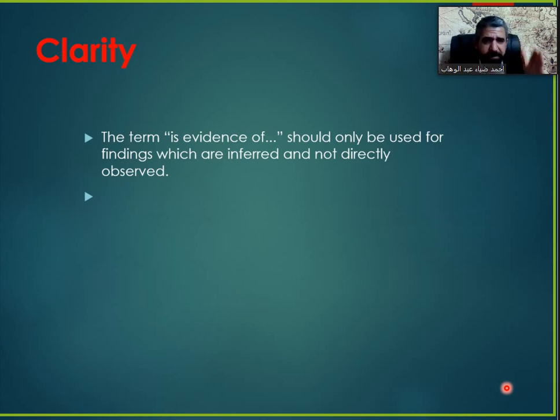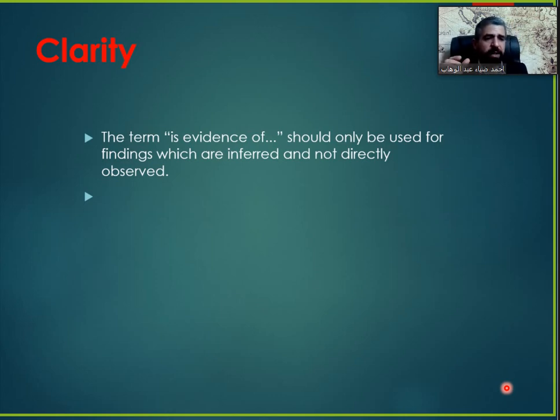We see the portal vein dilated, we see collateral vessels, we see the splenomegaly, we see liver cirrhosis. This indicates portal hypertension. So the phrase evidence of, you just use it for the findings which are inferred, which are concluded. You don't see it directly.